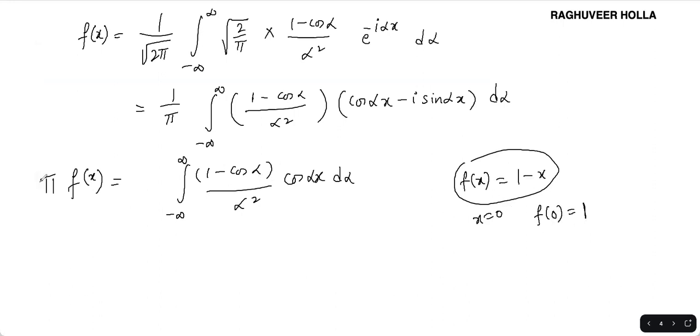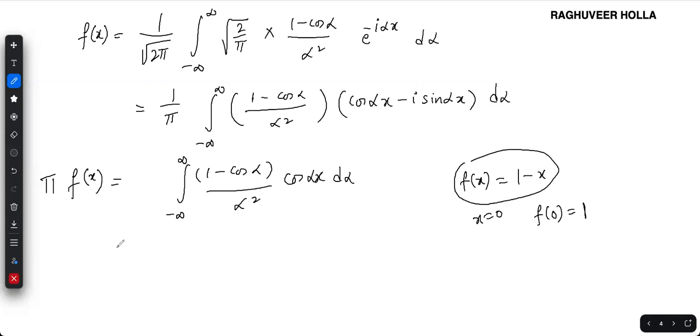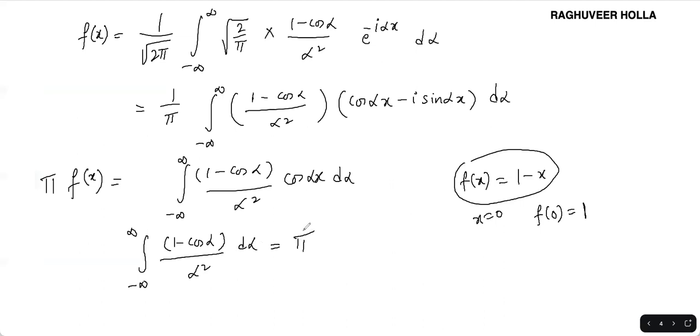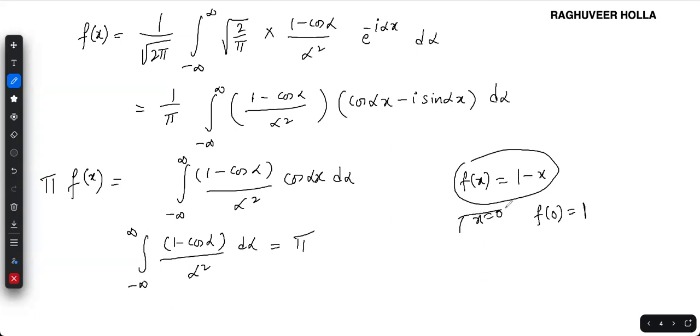So this is therefore pi: integral minus infinity to infinity, 1 minus cos alpha divided by alpha square. Here x is 0, so cos 0 is 1. So d alpha is equal to pi, by substituting x equal to 0 and f of 0 is 1. Okay, we got this.